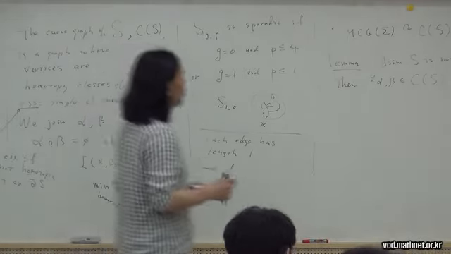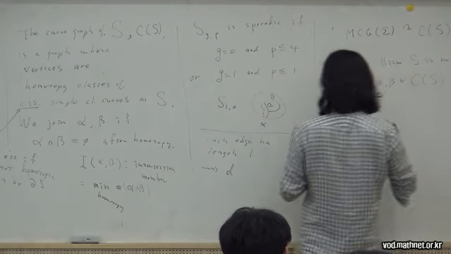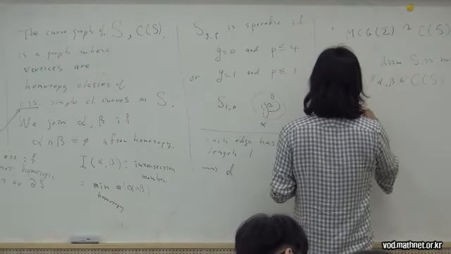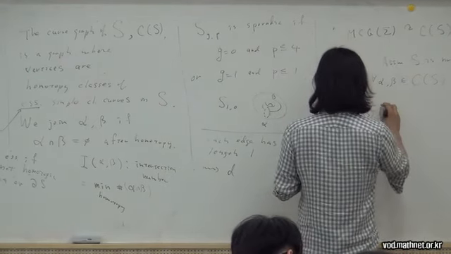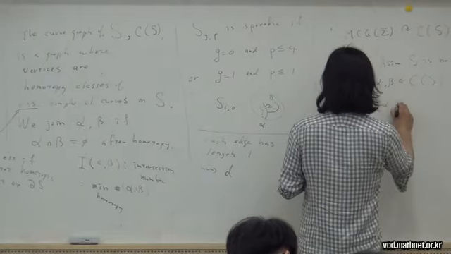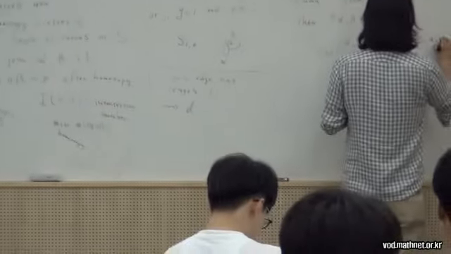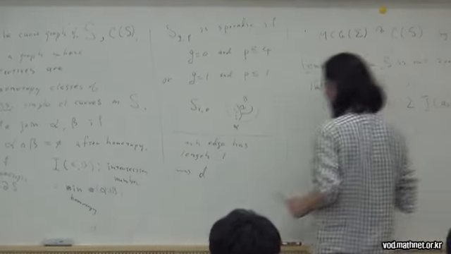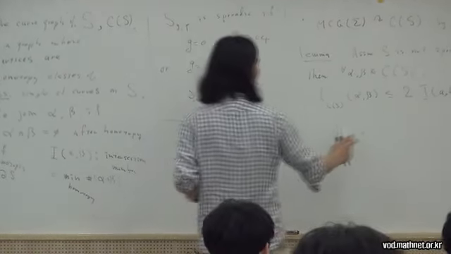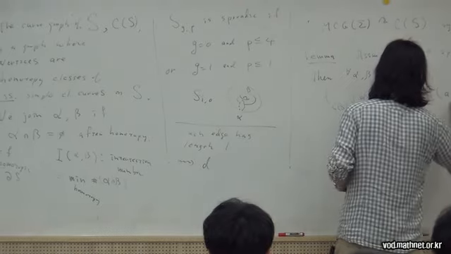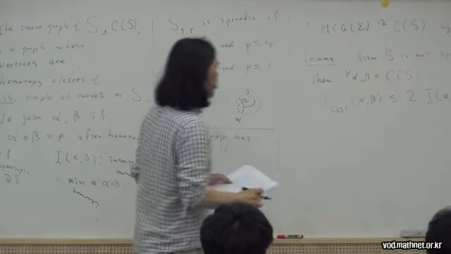All right. Then for any alpha, beta, the distance in the curve graph is at most 2 times the intersection number plus 1. Okay, so this is a formula.